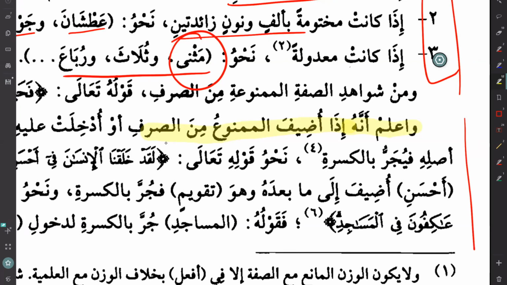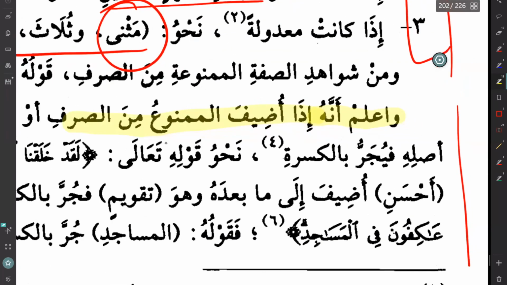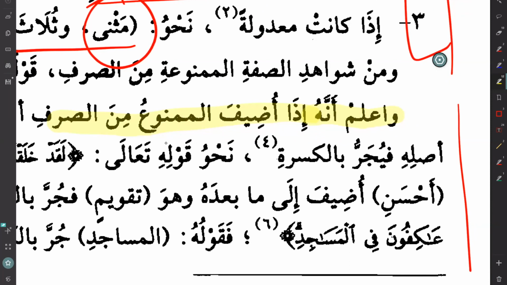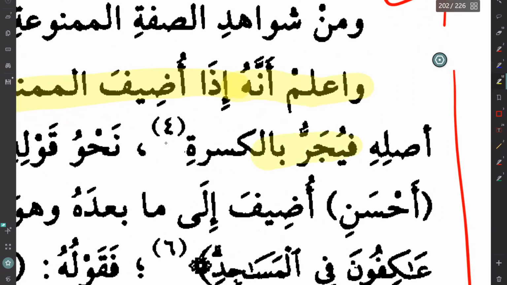What does he mean by its asl? Because a noun in its asl should be able to accept kasra, right? And that's what he means. فَيُجَرُّ بِالْكَسْرَةِ. Then you put it in the state of jar by kasra.